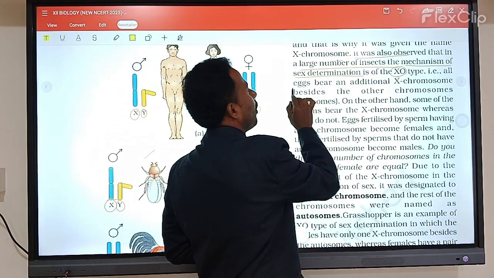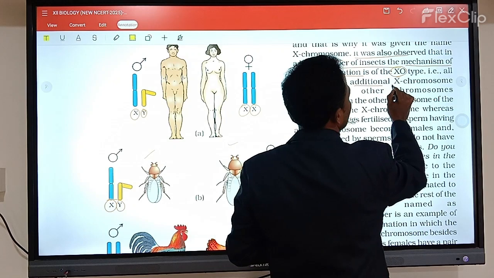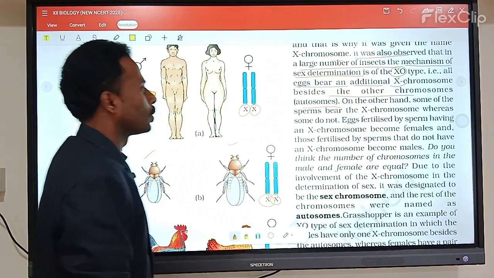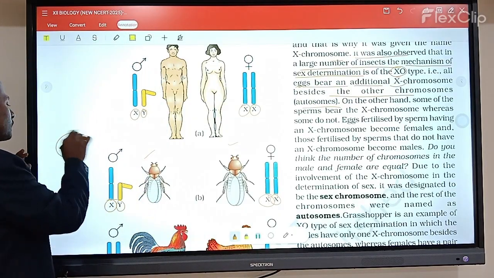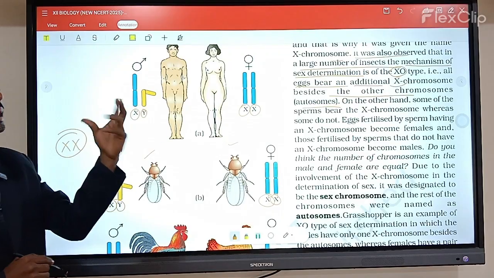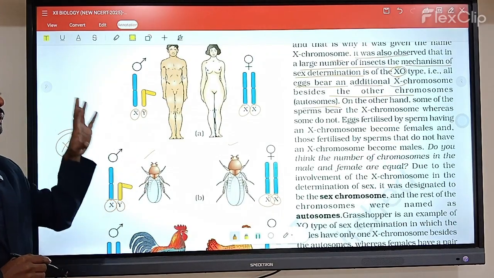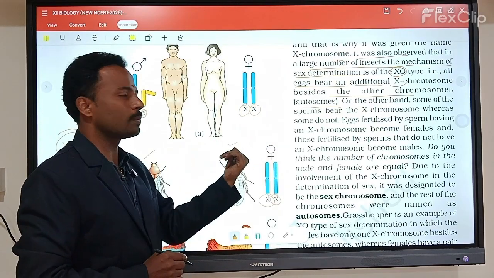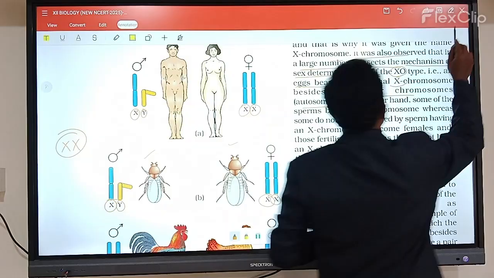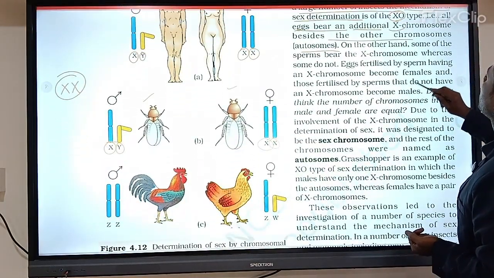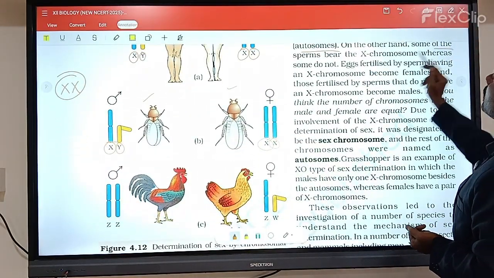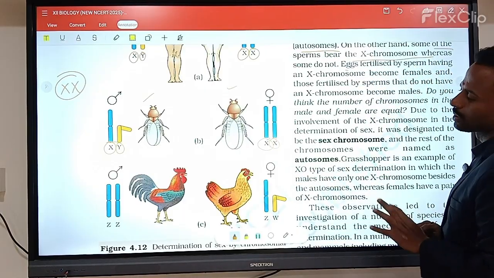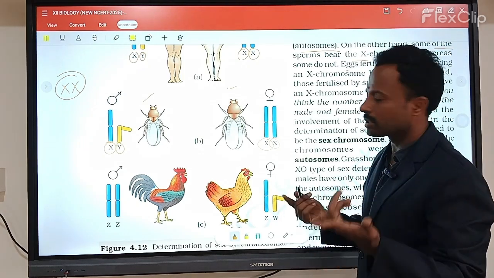Here all eggs bear an additional X chromosome, and the other chromosomes besides the X chromosome are called autosomes. So XO type is common, and the chromosomes other than the X chromosome are the autosomes. Some of the sperms bear the X chromosome, whereas some do not, so some sperms have the chromosome and some do not.